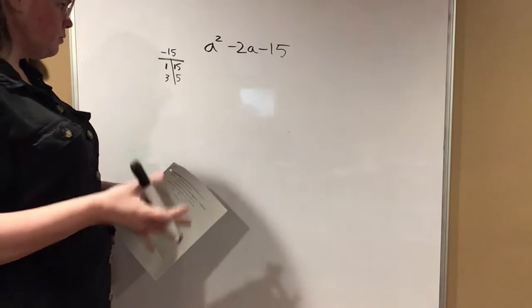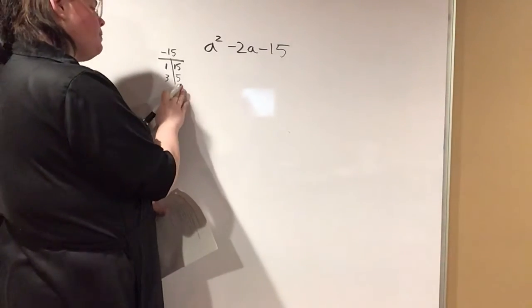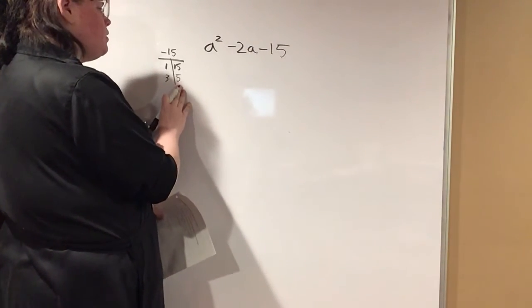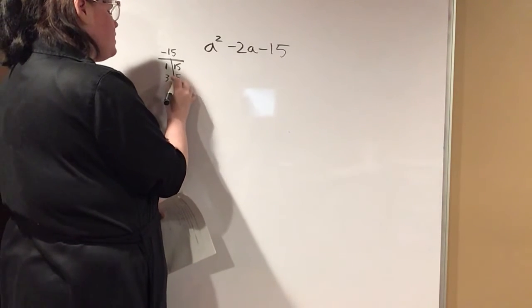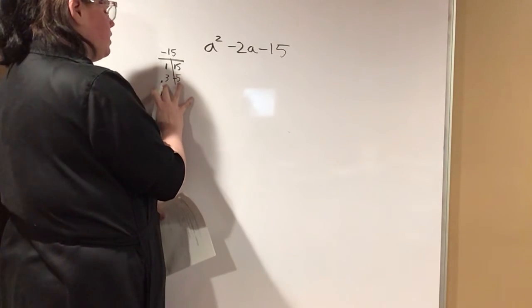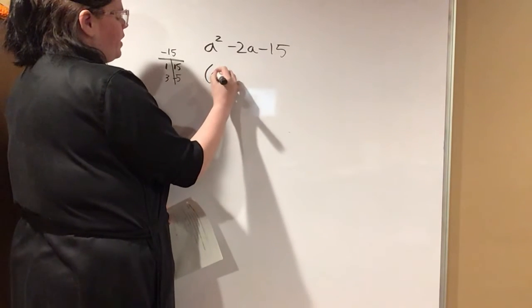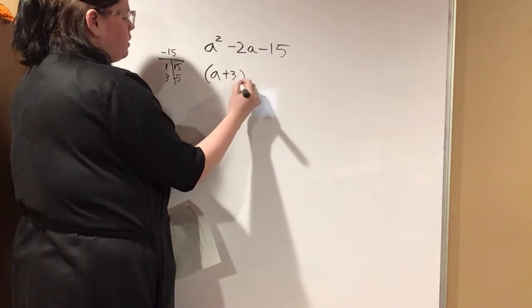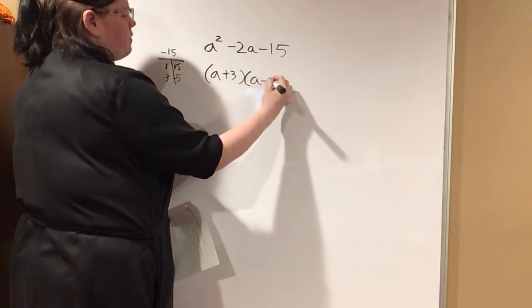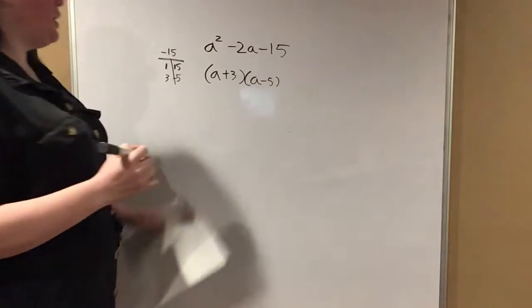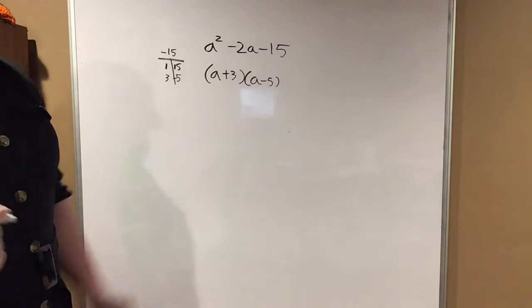So 3 times 5 is 15, but 3 times a negative 5 is negative 15, and then negative 5 plus 3 is a negative 2. So we have a plus 3, a minus 5. Multiply that back together and you would get this.